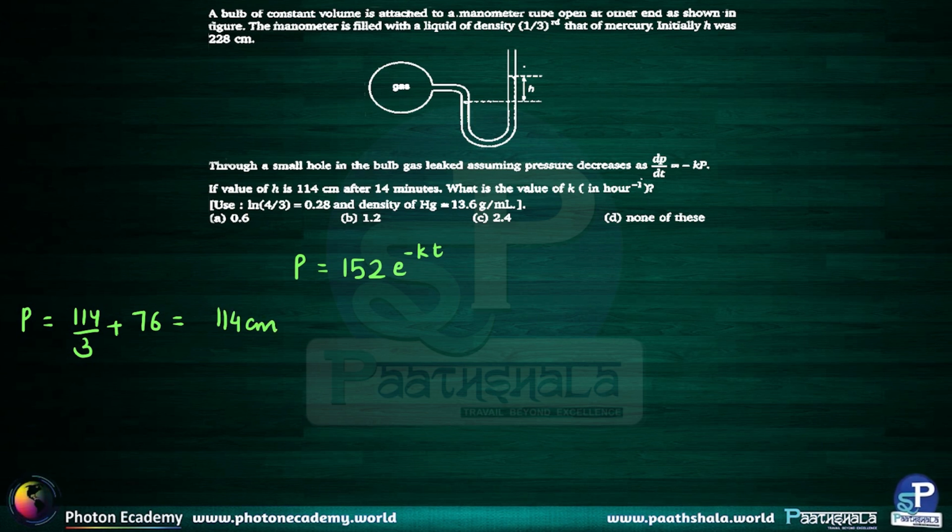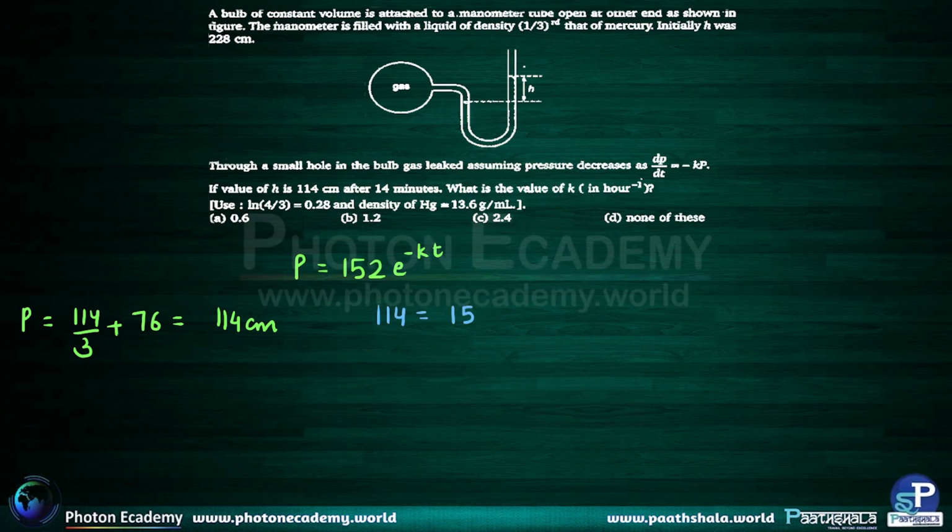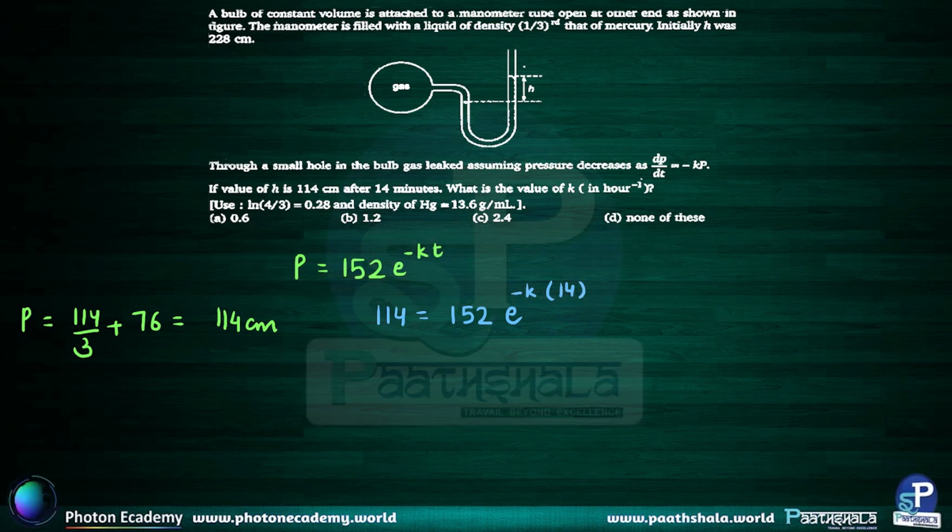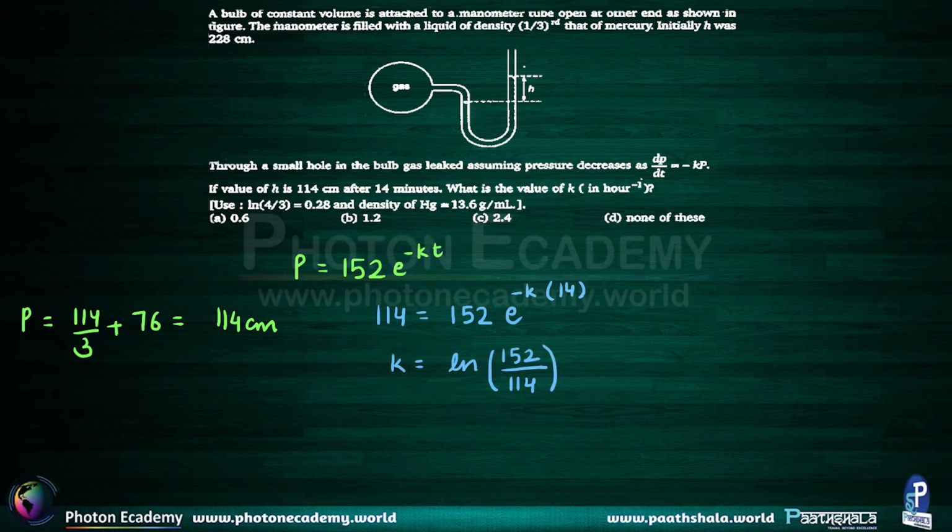So basically what we have now is 114 is equal to 152 into e to the power minus k times 14 minutes, right? And this is from where we would get our value of k. So we can write that k is equal to the logarithm of 152 divided by 114, and this entire thing divided by 14 due to the minus sign.